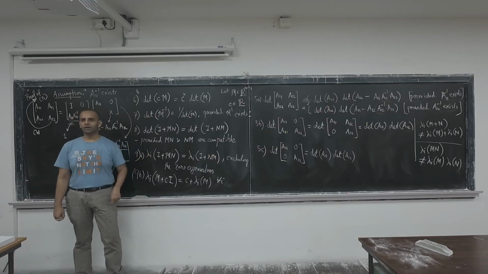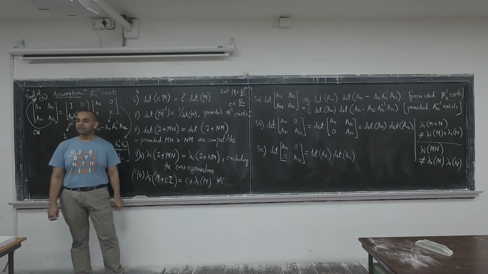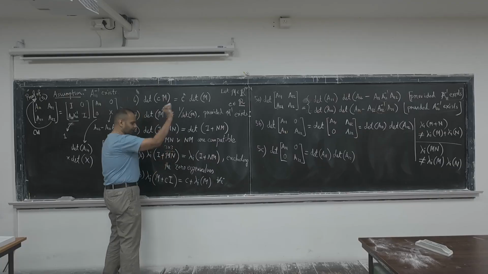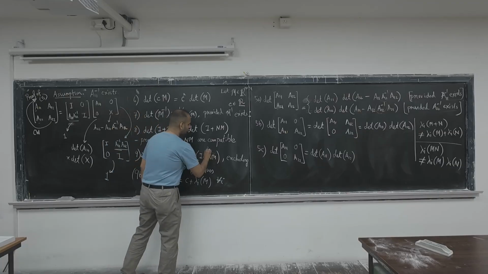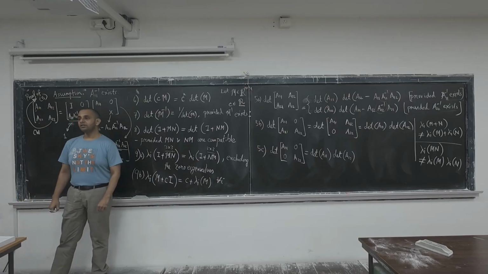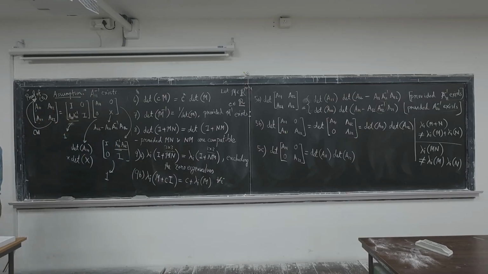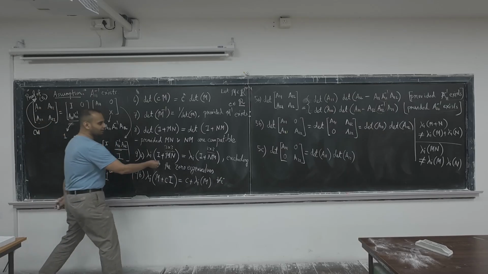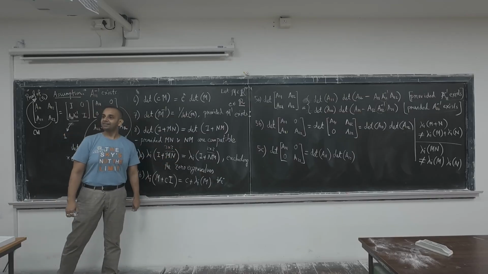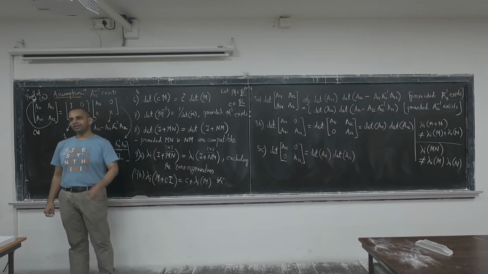Then even for the zero eigenvalues it will match. But if they are not the same, suppose this is giving you 3 cross 3, like the other day I took an example, and this one is giving 2 cross 2, then the multiplicity of the zero eigenvalues will not match. So here you have to write that the non-zero eigenvalues of I plus mn and I plus nm will remain the same. That is the property.